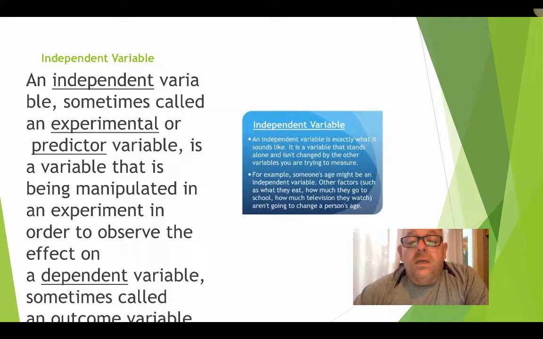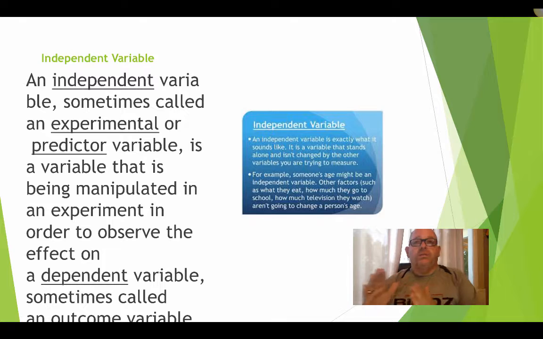It is a variable that stands alone and isn't changed by the other variables you're trying to measure. This is an important point. When you're looking for that independent variable, it is not going to be changed. The dependent variable is something that changes. So it's real important, if you put those two definitions, what is going to stay constant and what is going to be changed.